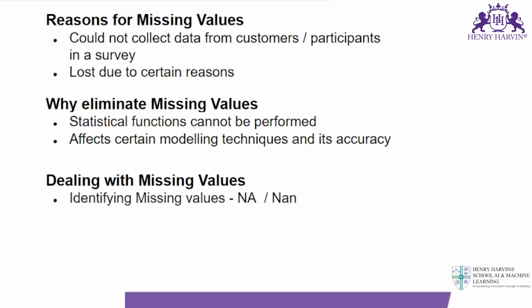Now, how to deal with missing values when you have a very large data set? You should identify missing values first. Missing values can be in the form of NA, it can be in the form of NaN, or sometimes there can be garbage values. Now, what are garbage values? For example, you have created a field for age, and a participant fills the age as 999.